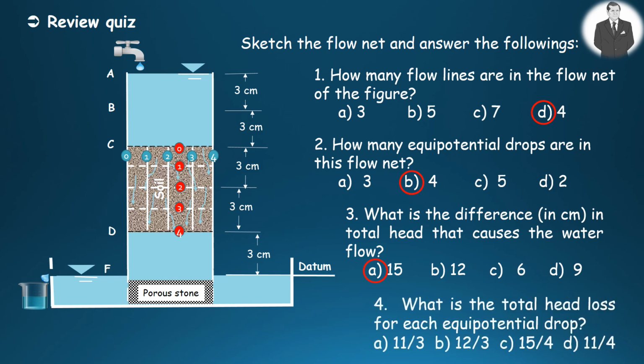What is the total head loss for each equipotential drop? Now, you know the head difference, the number of equipotential lines and the number of flow lines. Which one? 15 over 4. Well done. The answer is C.